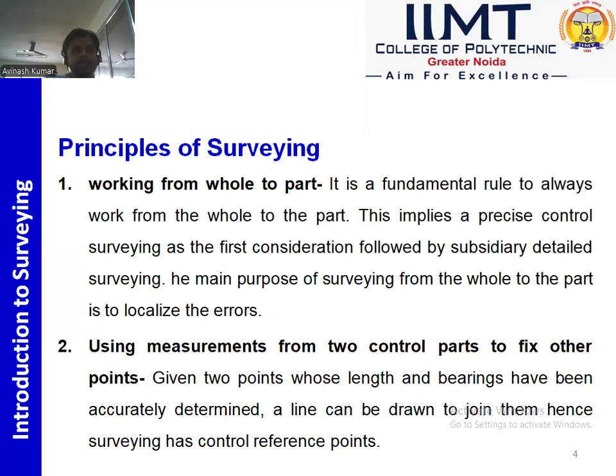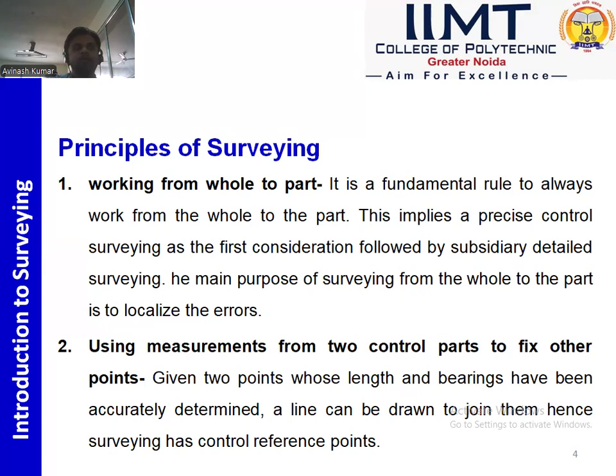Let me explain this by another example. Suppose there is an area. You can ask me, if we have measured the whole line, then what is the need of measuring individual parts? Suppose there is a large area, then we have to measure the boundary points of that area with great accuracy.